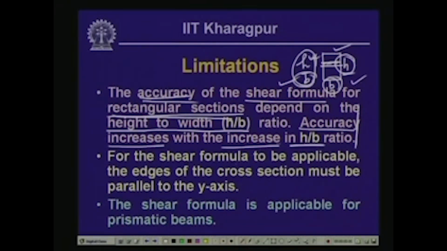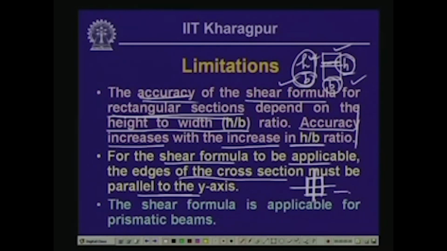Also, from this it appears that for the shear formula to be applicable, the edges of the cross section must be parallel to the y axis. What does it mean? If we have a section, this is the y axis and this is the z axis. For rectangular or square sections, the edges are parallel to the y axis.